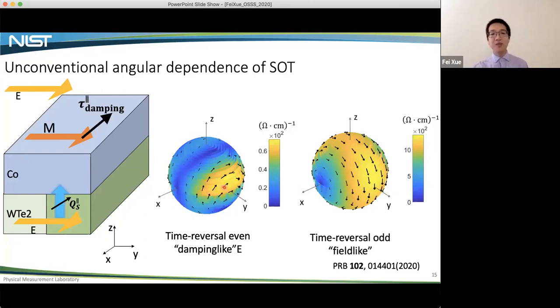So when something is symmetry allowed, I'm not surprised to see it just appear. For the field-like part, the time-reversal odd part, this becomes very typical behavior, just a torque putting the magnetization along the high symmetry effective magnetic field x direction.